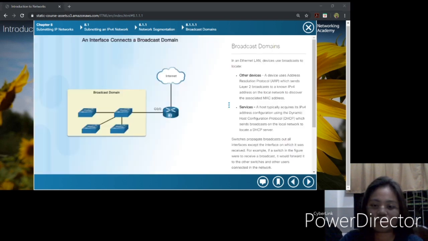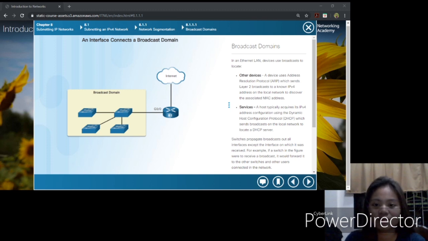Next is the broadcast domain. The broadcast domain locates other devices and services. The other devices send a Layer 2 broadcast to an IPv4 address on the local network to discover the MAC address.